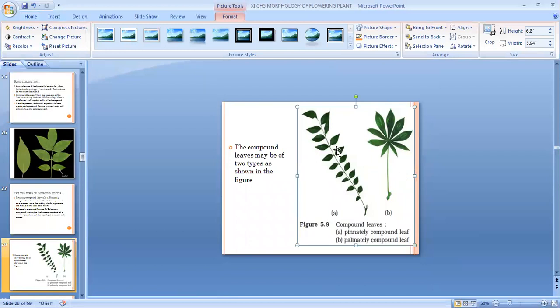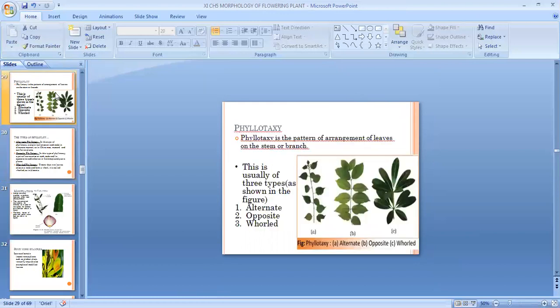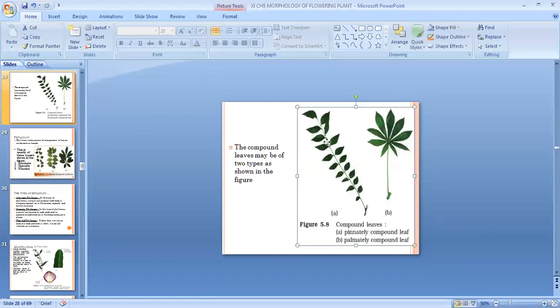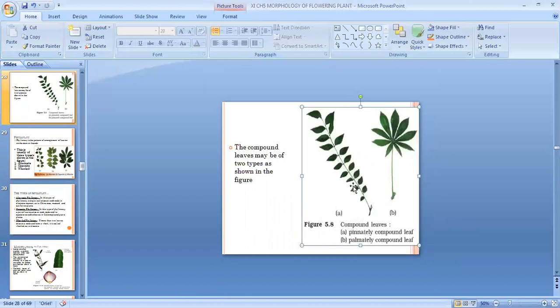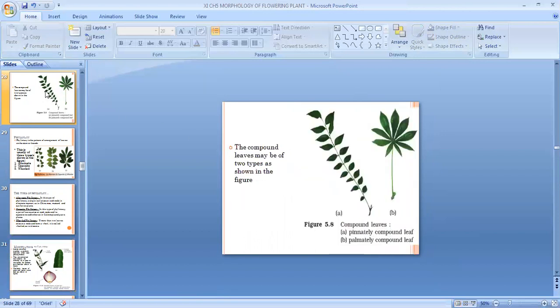This is a pinnately compound leaf. In a pinnately compound leaf, a number of leaflets are present on the common axis, and this common axis represents the rachis or the midrib.